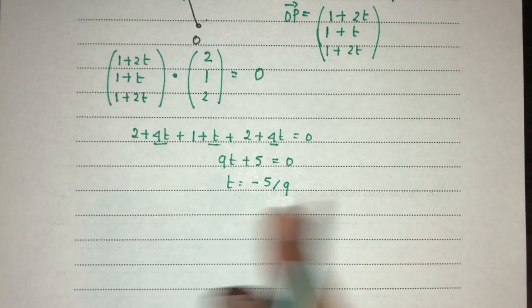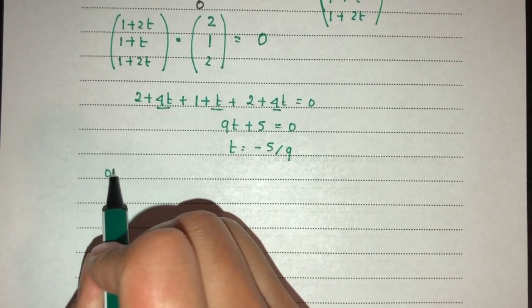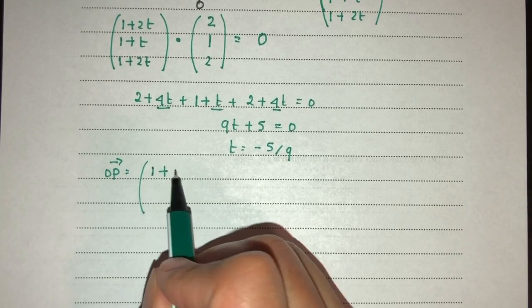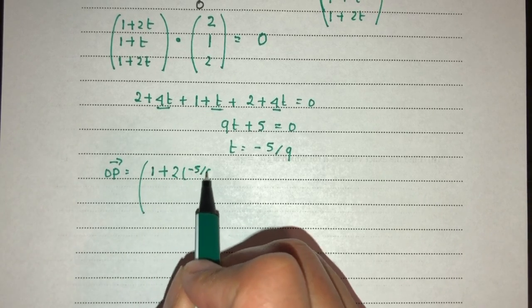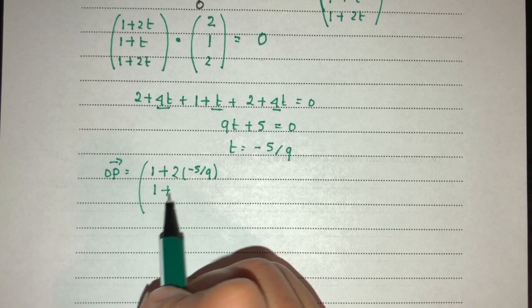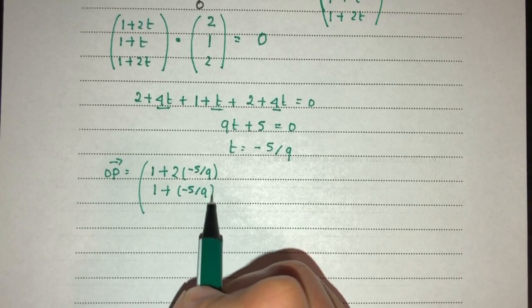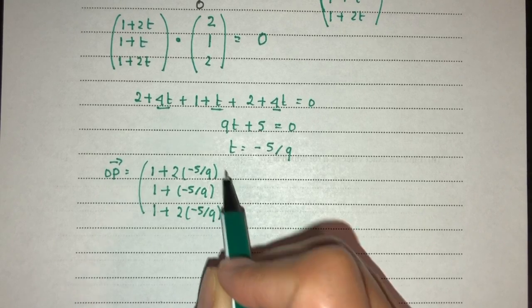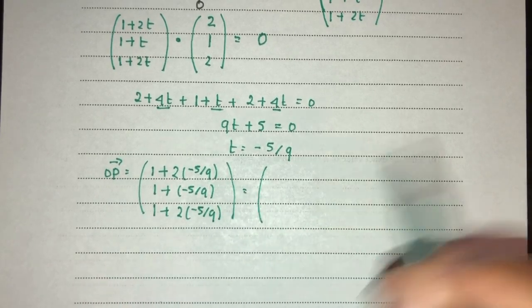So now using this, let's find the point P. Basically, OP is equal to 1 plus 2 times minus 5 over 9, 1 plus minus 5 over 9, 1 plus 2 times minus 5 over 9. Let's see what we have.